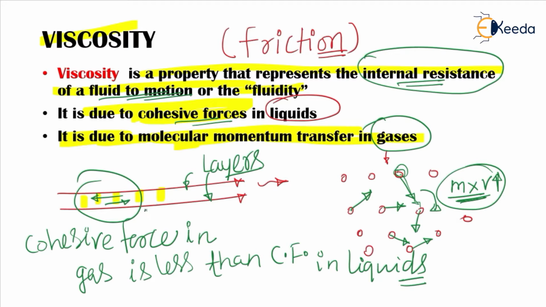Remember, in liquids also there will be molecular momentum transfer, but the value will be very small. In gases there will be cohesive forces, but the value will be small. This is important from an objective point of view, that you should remember the difference: how viscosity appears in liquids and how viscosity appears in gases.